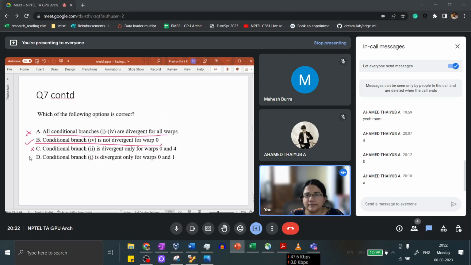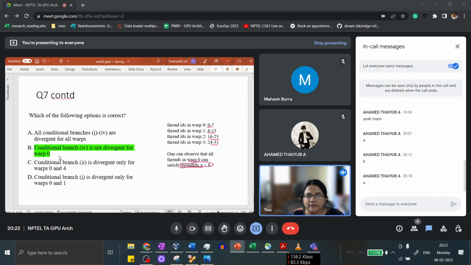So the statement that it is divergent for 0 and 1 is not true. Therefore, we come to the answer that 4 is not divergent for warp 0. Is this clear? I'll wait here for a few seconds because I know this is a long question.